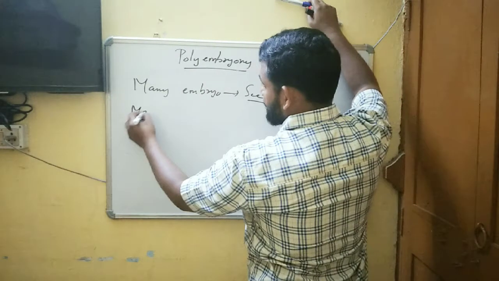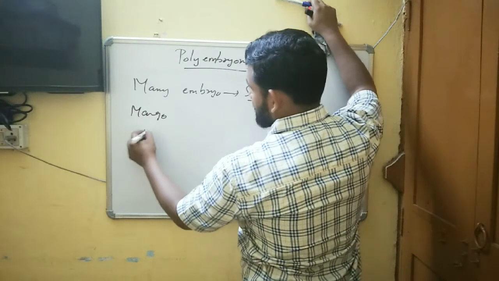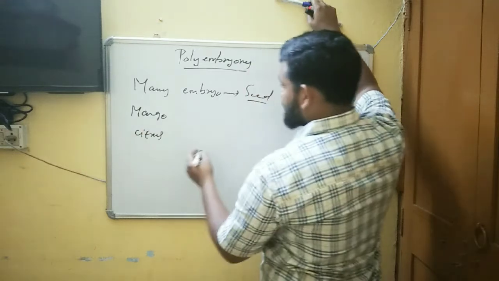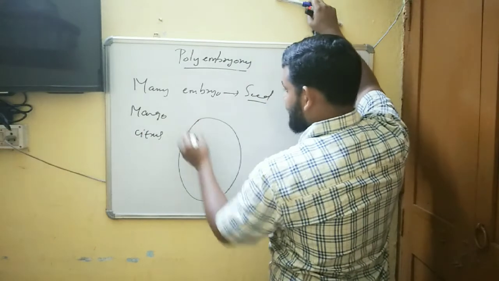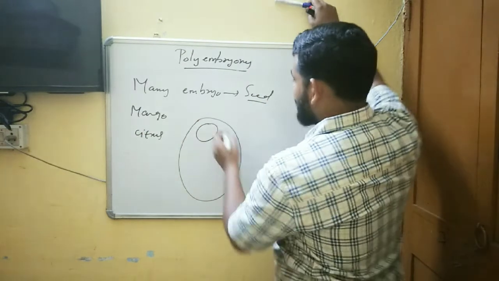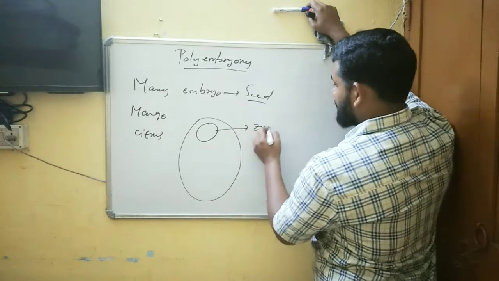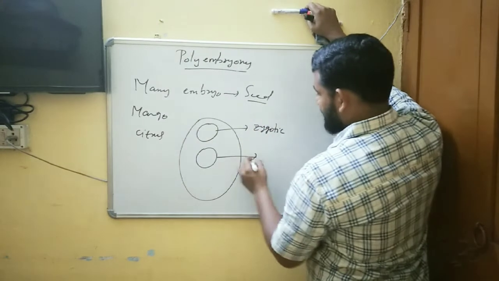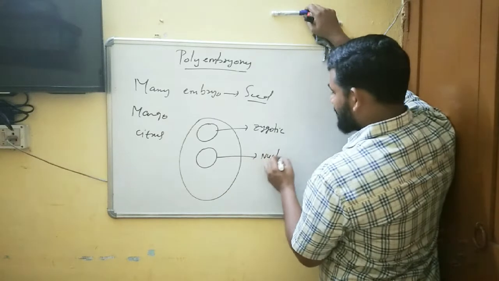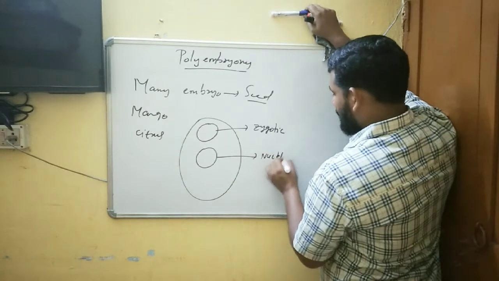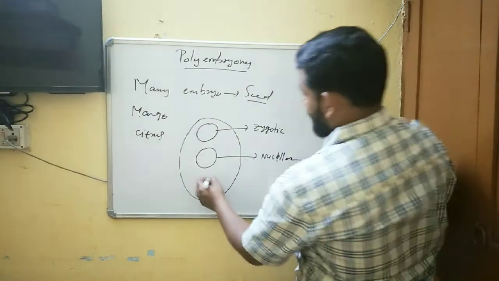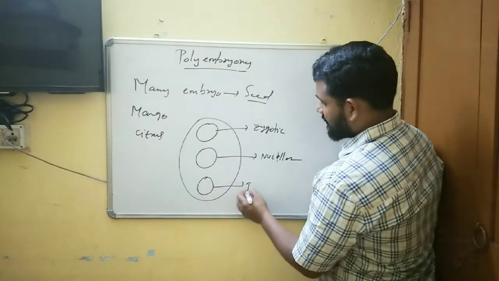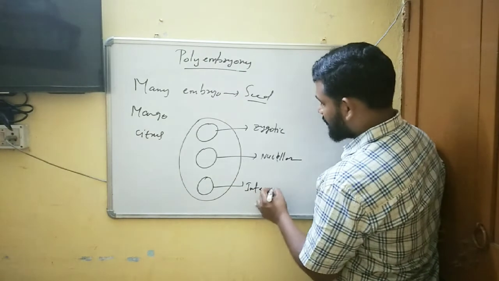Examples are mango species and citrus species. In mango and citrus species, the zygote converts into an embryo, called a zygotic embryo, and the nucellus also directly converts into an embryo, called a nucellar embryo. Or the integuments also, and this is called an integumentary embryo.